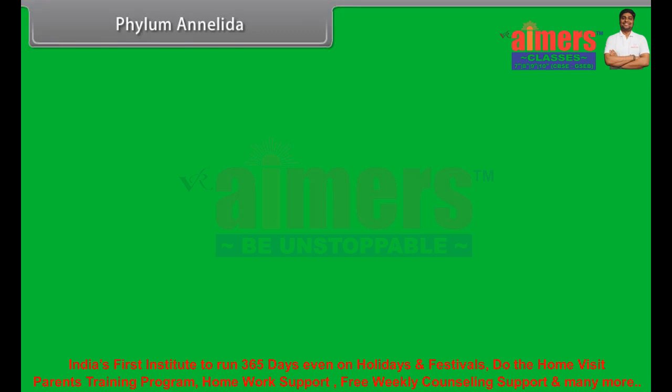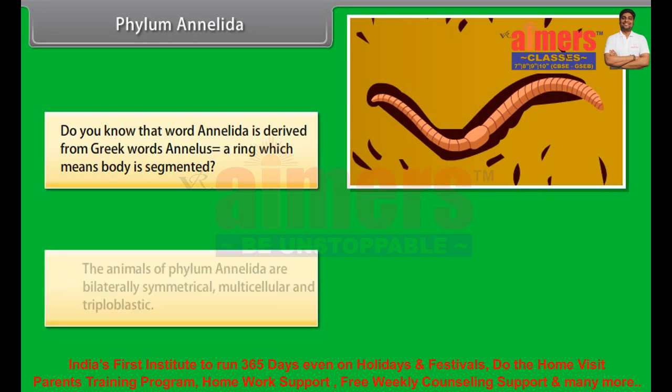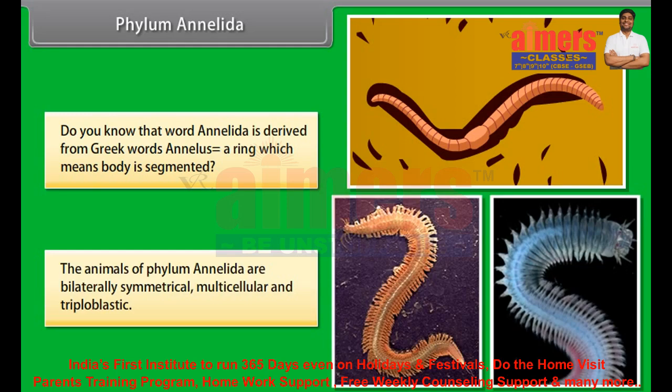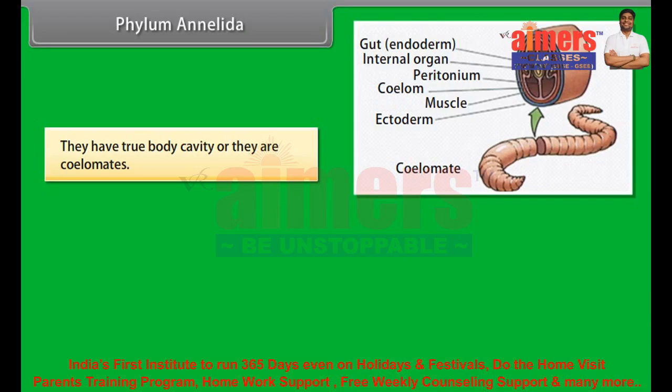Phylum Annelida. Do you know that the word Annelida is derived from the Greek word annelus, a ring, which means the body is segmented? The animals of phylum Annelida are bilaterally symmetrical, multicellular, and triploblastic. They have a true body cavity, or they are coelomates.